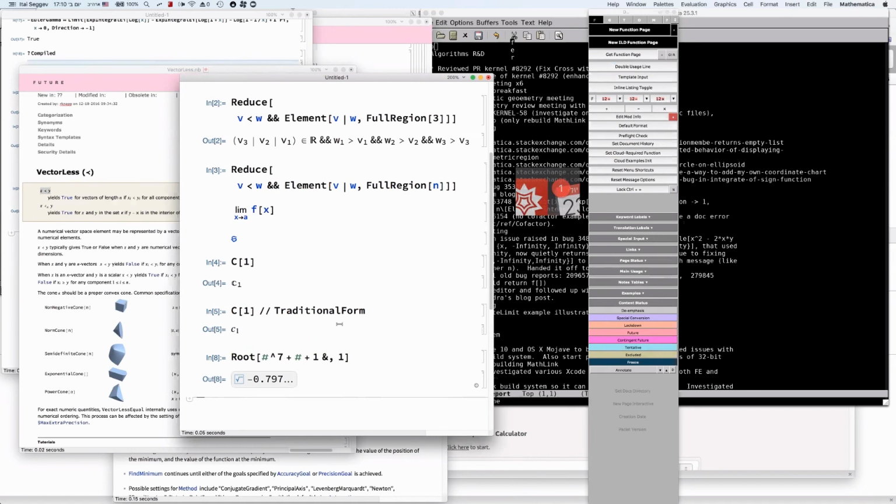There we go. So in the past, you would get basically something that looked like what I just typed in. Now you get a little icon telling you. I like the concept here, but I don't like the particular form, because it looks to me like it's square root of minus 0.797. See what I'm saying?